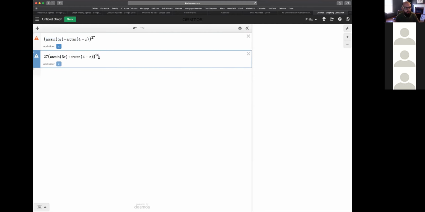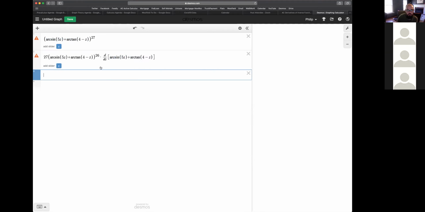And then we're going to have to multiply by the derivative of the inside, which would just be two more chain rules. That's right. So as we go through this, we're going to have to use chain rule on this one, and on this one. That's ugly. It's ugly, yeah.